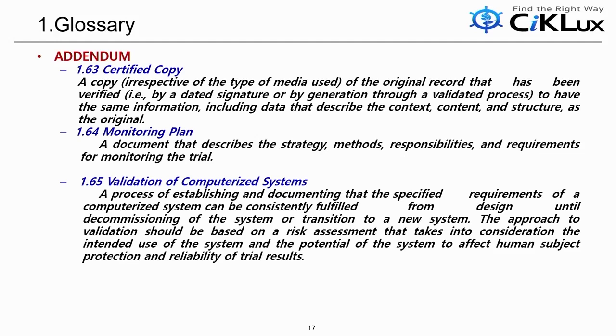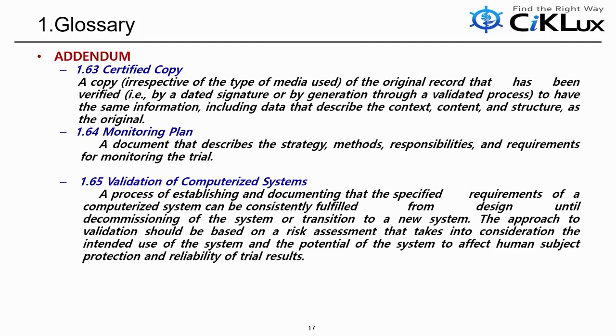But now we are utilizing Excel or other electronic tools, and we also have printouts from the electronic systems. Let's say we print out 5 documents, and which one is the original and which one is the certified copy when we have 5 copies from one document? Can I just decide it? See, this is where we need to think about what the original record is. Who controls the original record?